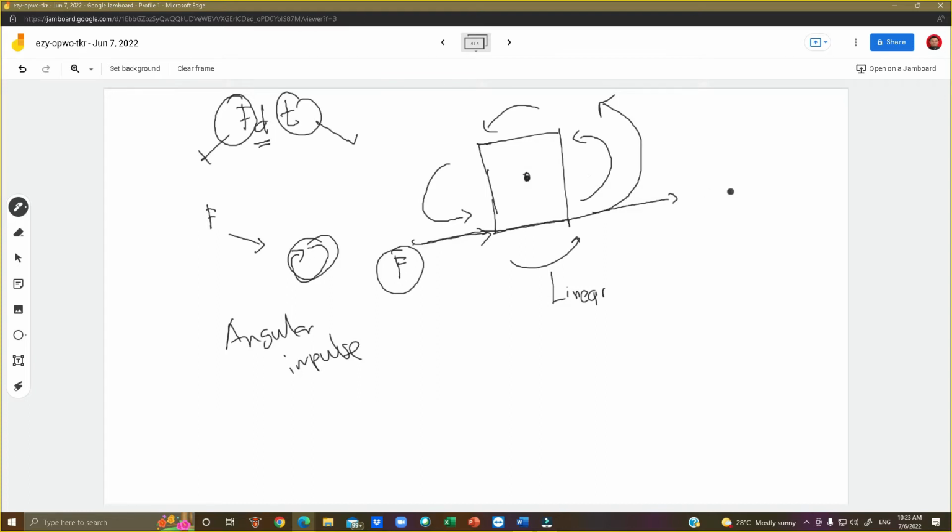So kalau force macam ini, kita kena draw satu line parallel, okay, sejajar dengan force, intersecting with the axis. Okay, so the distance between the line of force and the axis, the line that intersect with the axis, this is dia punya D ataupun radius of rotation.